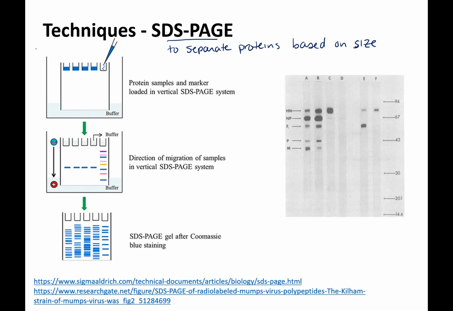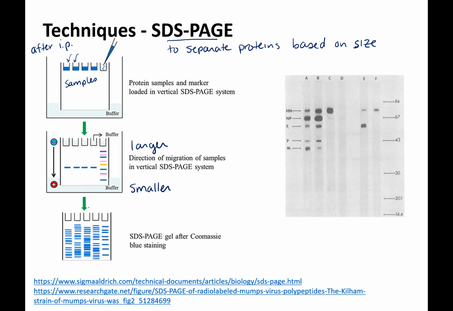So basically, after they did the immunoprecipitation, we call it an IP, they loaded these different samples. So each well is a different sample. And then you apply an electrical current and the proteins move based on size. So smaller proteins move faster, larger proteins move slower.